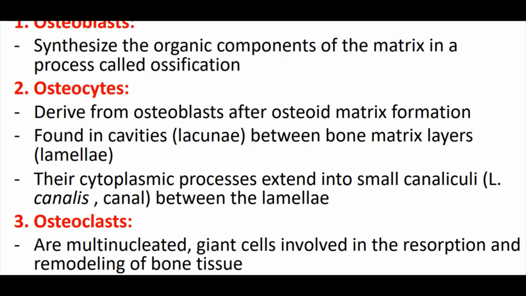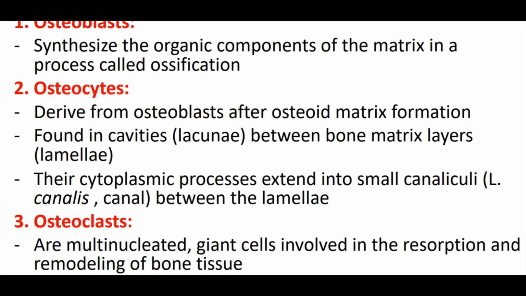Now, the cytoplasmic processes extend into small canaliculi. So we're going to see this in a 3D diagram very soon. The osteocytes have processes which extend from the cytoplasm, and these processes are found in very small spaces called canaliculi.